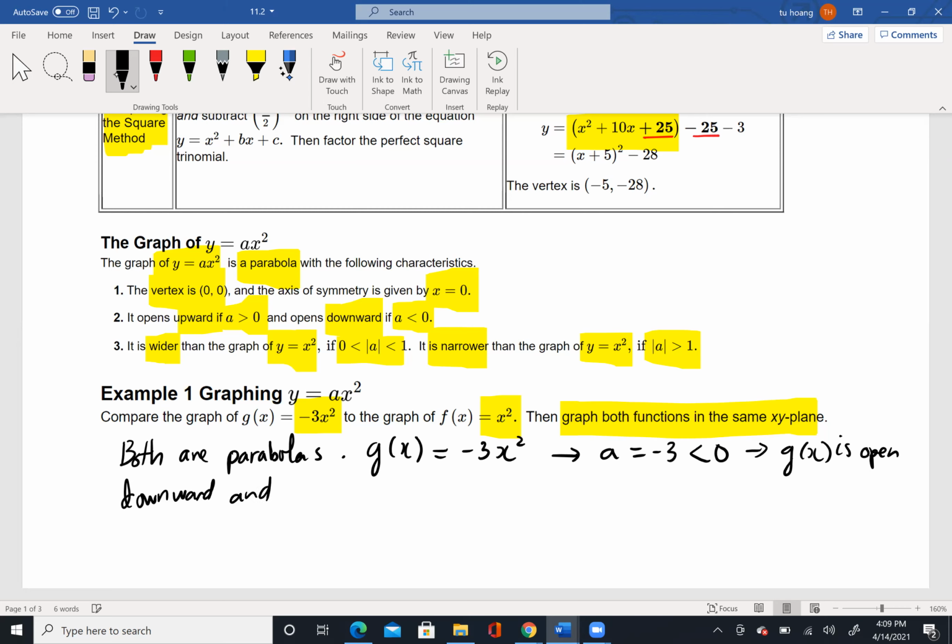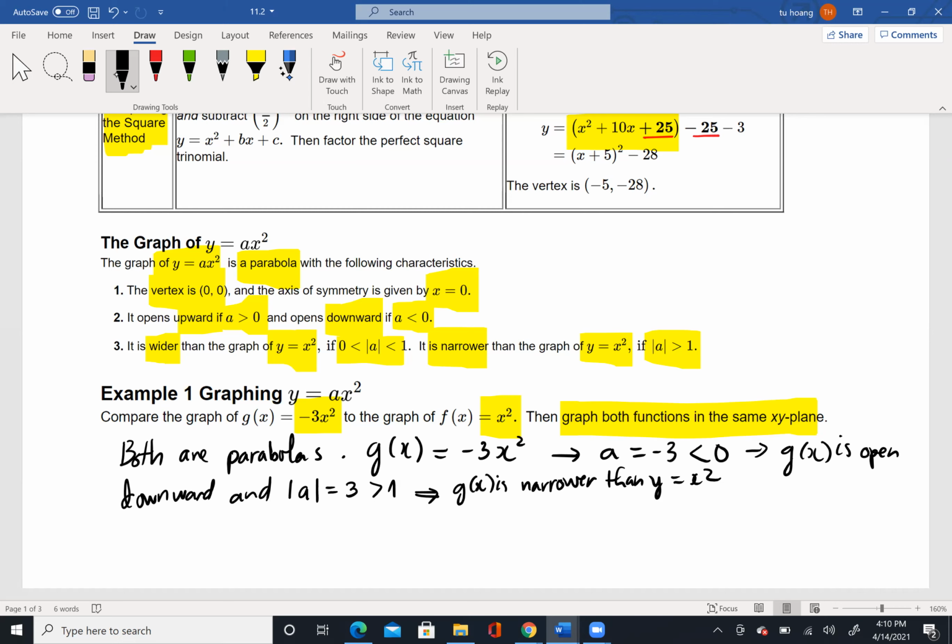And you have absolute value of a equal to 3, which is greater than 1. So again, g of x is narrower than y equal to x squared.